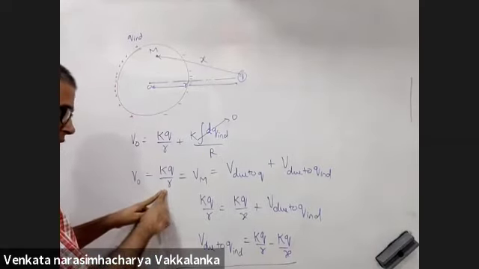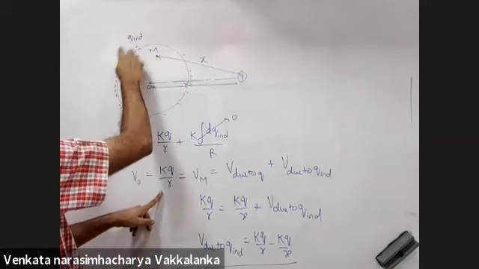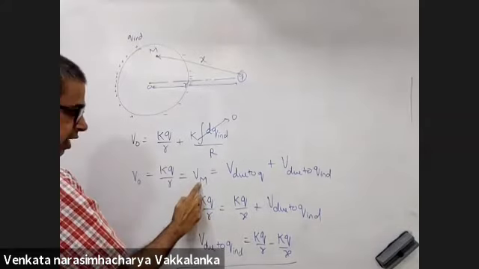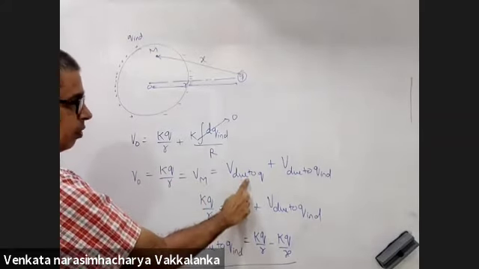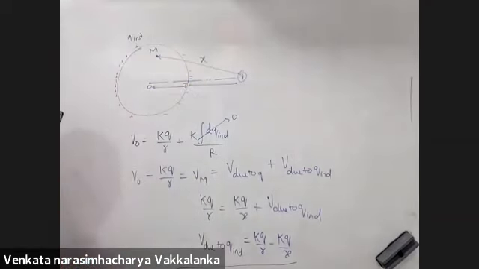It's the end of the story. You ask me potential at M due to induced charge. Net potential at M will be potential due to Q plus potential due to induced charges. Is this clear to all? Yes.